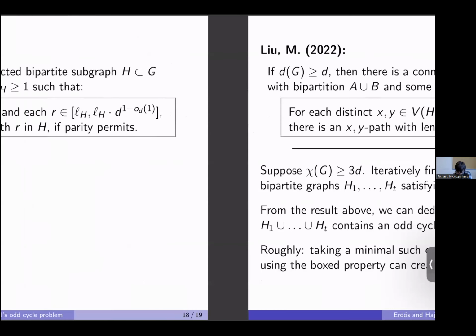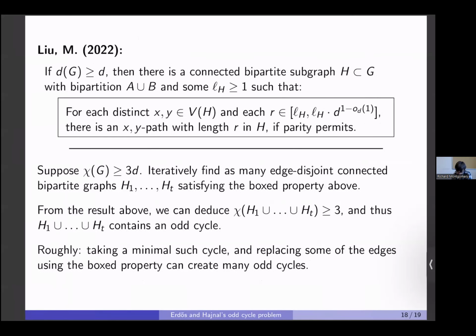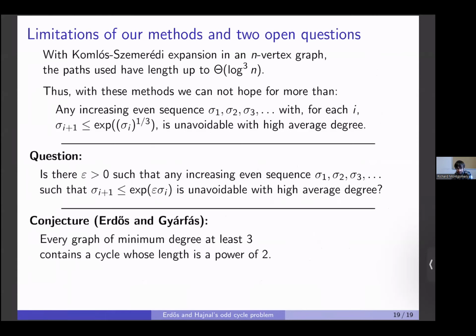So let me finish just by mentioning some of the limitations of our methods. So with convolution summary expansion, these paths, as I said, might have length up to around log cubed of m. So if you follow this through, how fast an increasing sequence can we deal with in an even sequence?